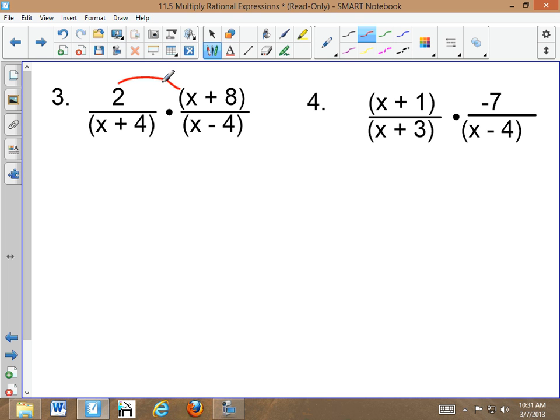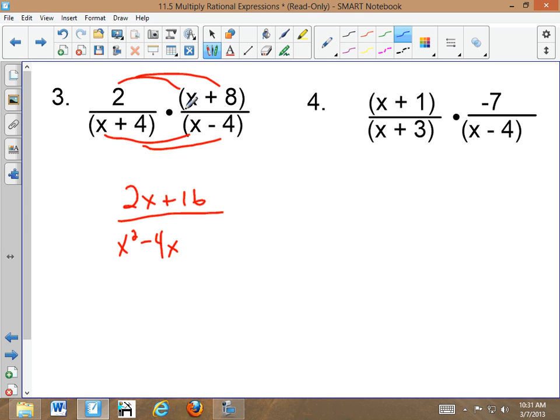Okay, I have to multiply the 2 to both things here. 2x plus 16 over x squared minus 4x plus 4x minus 16.